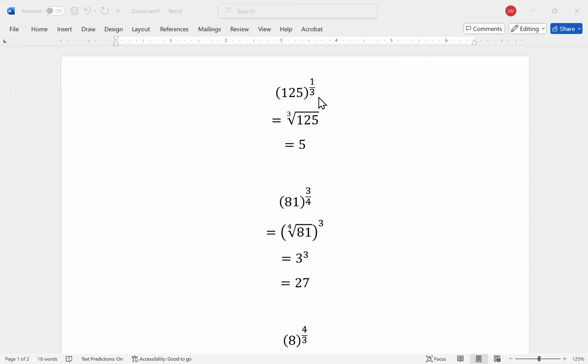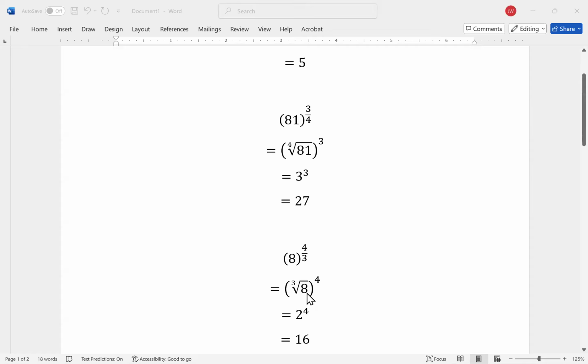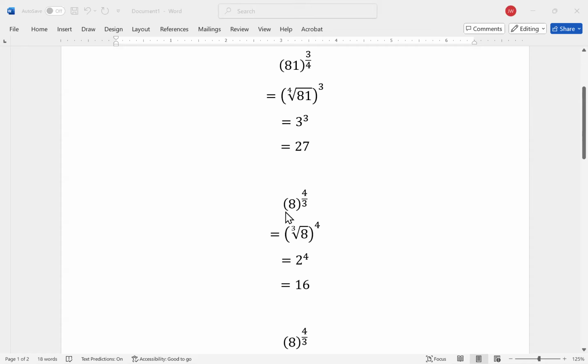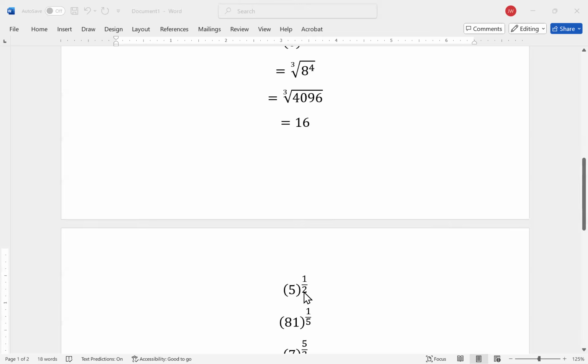So in our previous example, if I would have just typed in 125 and then raised it to the 1/3 power, I would have got 5 without even having to do a middle step. Or 81 raised to the 3/4 power, I could have gotten 27 without doing a middle step. Or 8 raised to the 4/3 power, I could have gotten 16.